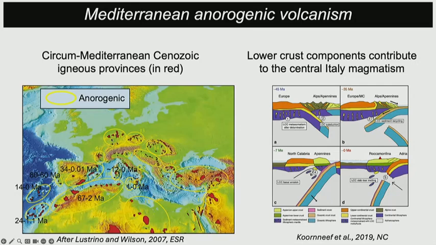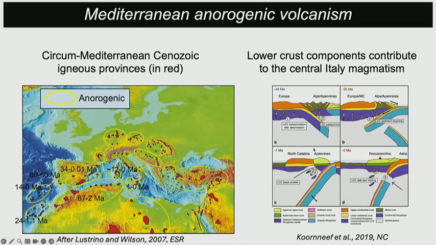These anorogenic magmatic products were erupted, you see, all around the basin. Anorogenic means that this magmatism is not arc volcanism related to subduction and dehydration of the slab, producing magma in the mantle wedge.